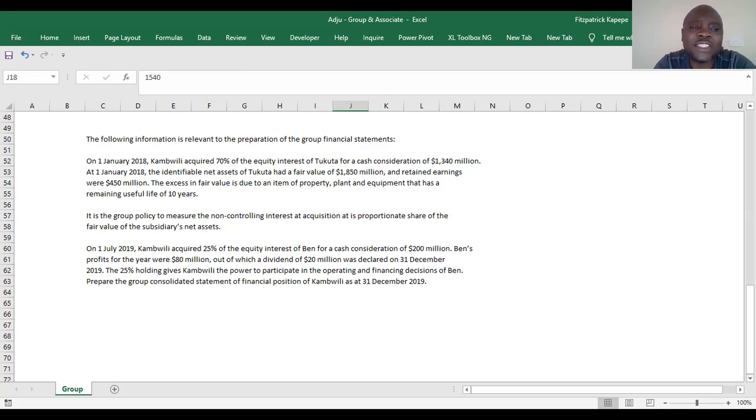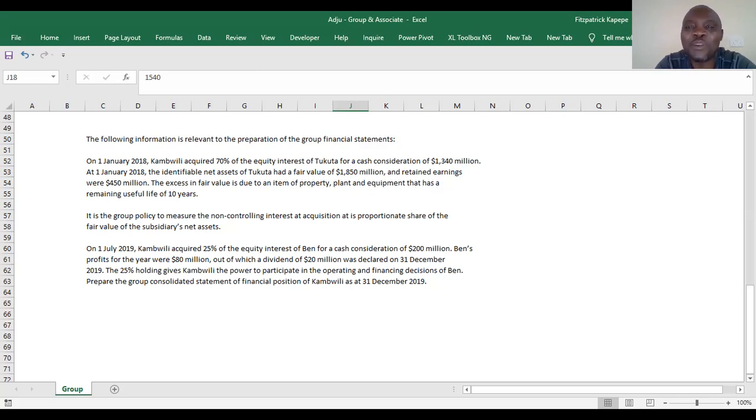It is the group policy to measure the non-controlling interest at acquisition as a proportionate share of the fair value of the subsidiary's net assets. We cannot go against the policy. If the policy was dictating that we have to use fair value, then we have no option, we'll use fair value.